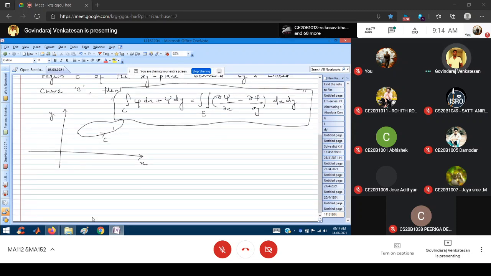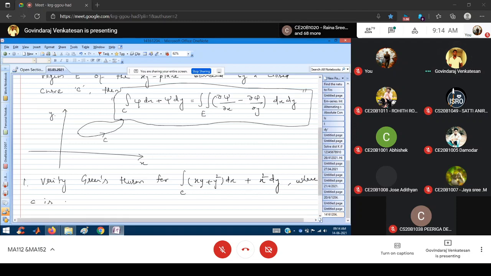The other problem. Verify Green's theorem for the integral over C of xy plus y square into dx plus x square into dy, where C is bounded by the curves y is equal to x and y is equal to x square.